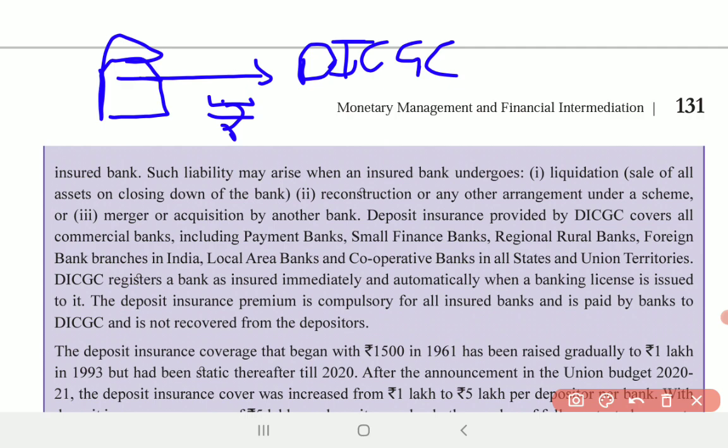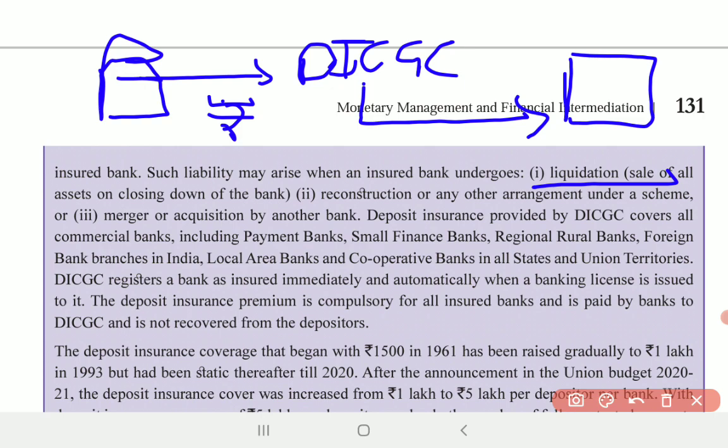So when a bank fails, the DICGC will give a certain amount, not the full amount, to the depositors. This will be given when the liquidation process is taking place, which means a closure of the bank, merger or acquisition by another bank.